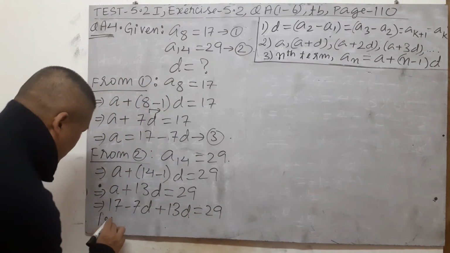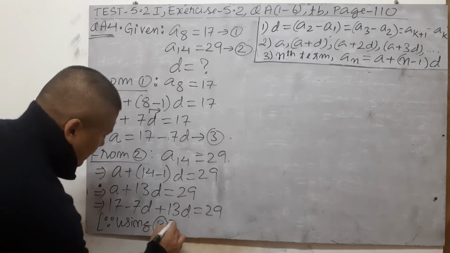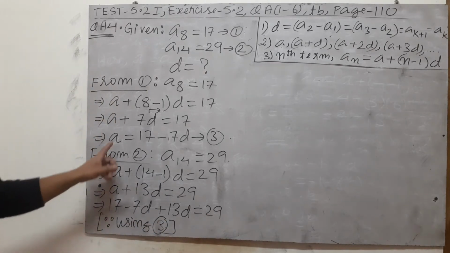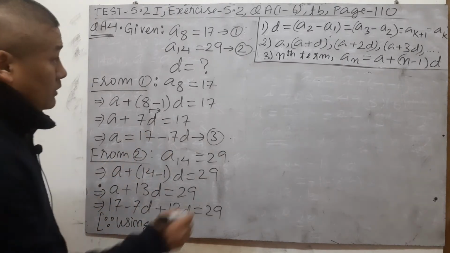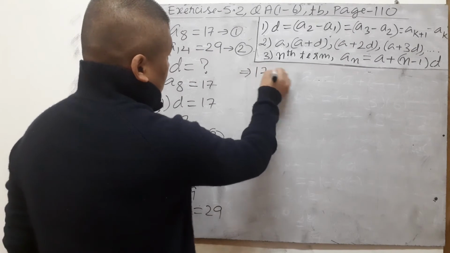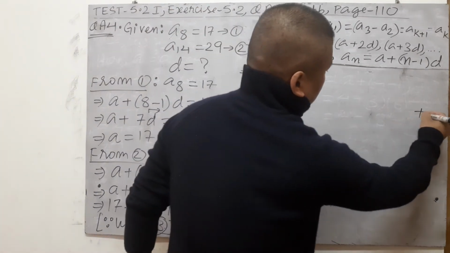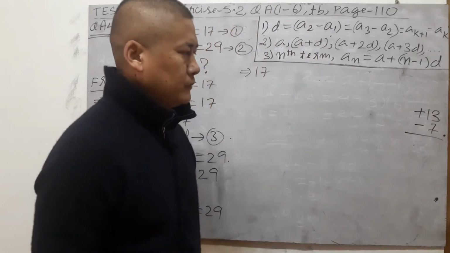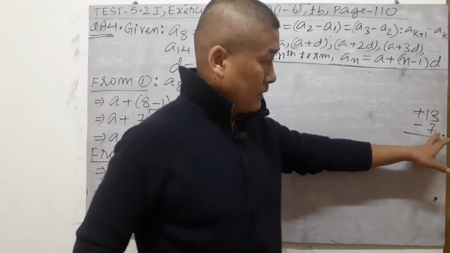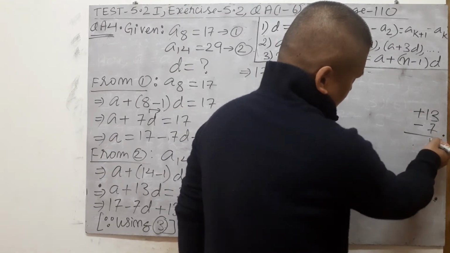And we can write here, using the value in equation number 3, the value of a being replaced here. So that gives you here 17, and here minus 7 plus 13 means bigger absolute value is plus 13, minus 7 down, so plus minus, so subtraction. 13 minus 7 is 6.